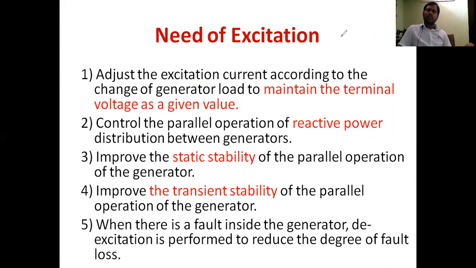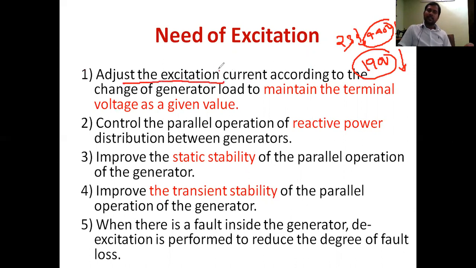For example, the load should maintain 230 volts or 440 volts. If the loads are increasing, the load voltage will decrease, and this 230 also decreases to 190, like that.